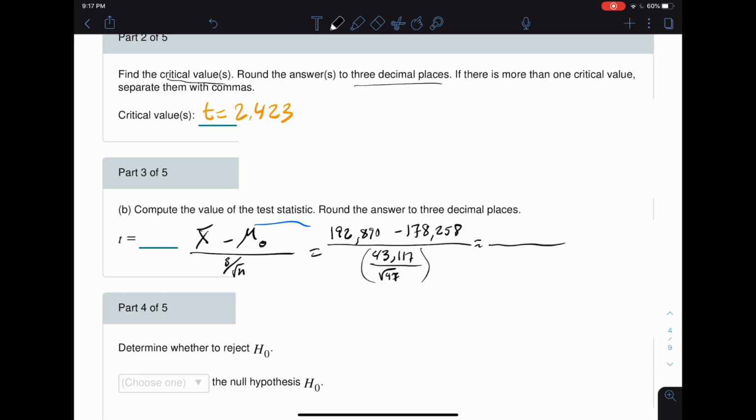And up top, we do the subtraction and we get 14,632. And we do the division of the square root of 47 and we get approximately 6,289.